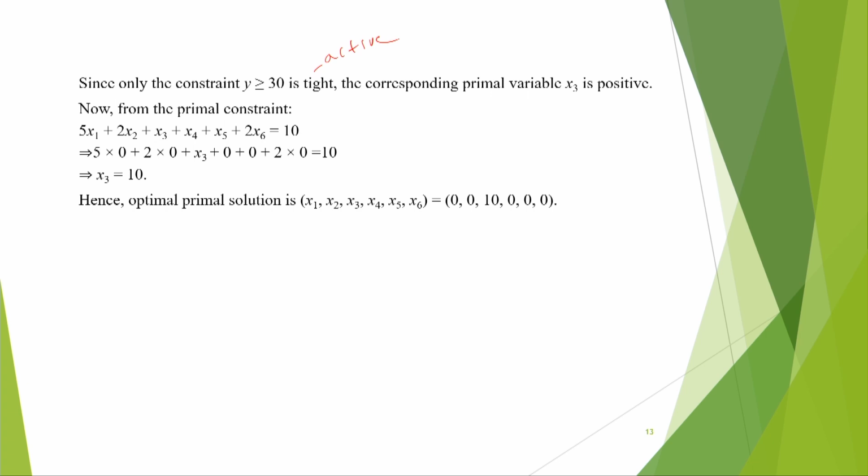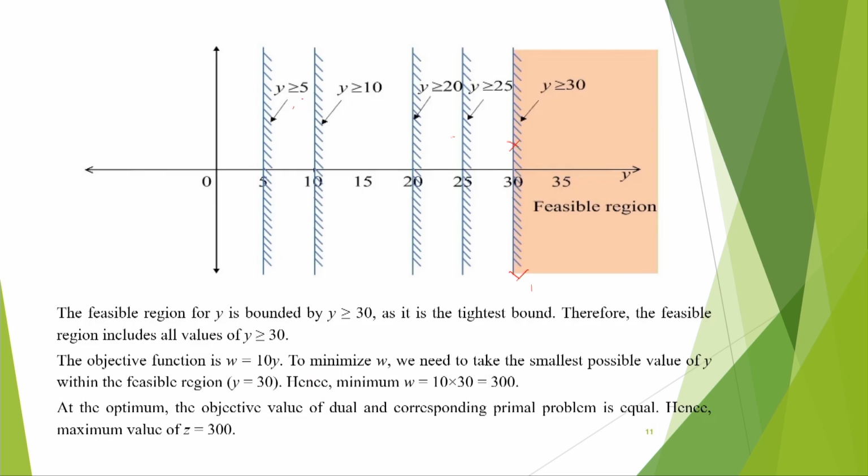So the corresponding primal variable x3 is positive, and from the primal constraint this is equal to 10. So 5 into this one, you have got this. So we can say that x3 is equal to 10, and the maximum value of z is equal to 300.